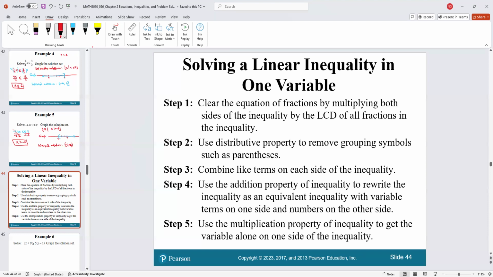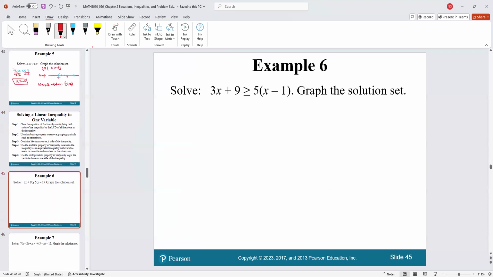Fifth step, we use the multiplication property of inequalities to get the variable alone on one side of the inequality. We always solve for the variable to be on one side by itself. That's why we isolate it using addition, subtraction, or division. Now, look at these examples.